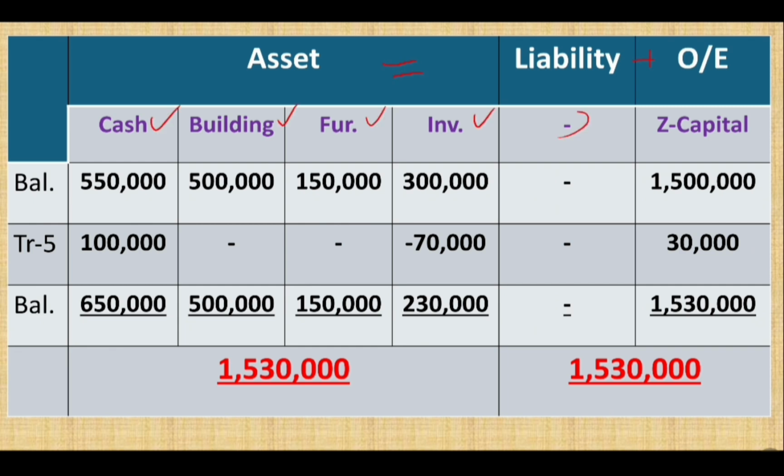So as usual, we have asset equal to liability plus owner equity. In the case of asset, we have four assets: the cash, the building, the furniture, and the inventory. In the liability, we still don't have any liability. In the owner equity, we have Z capital, the owner's capital.